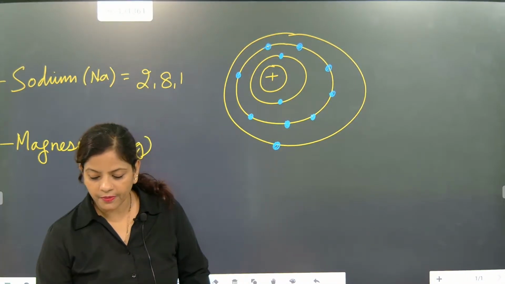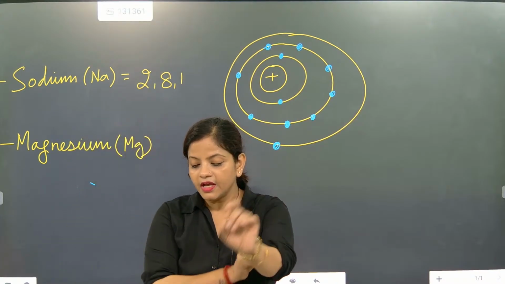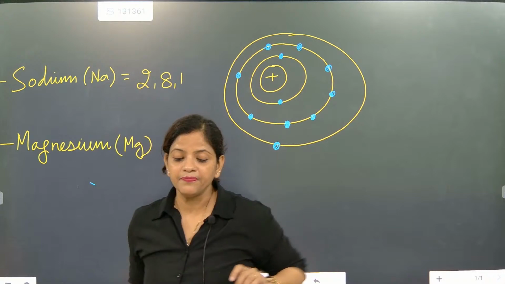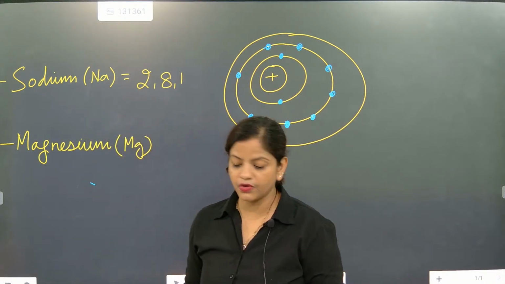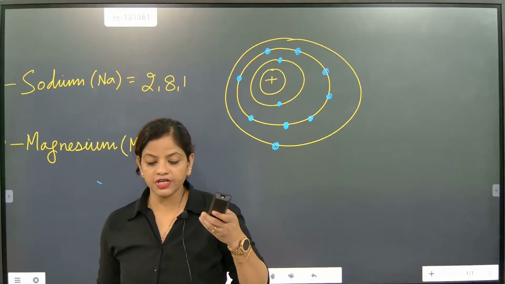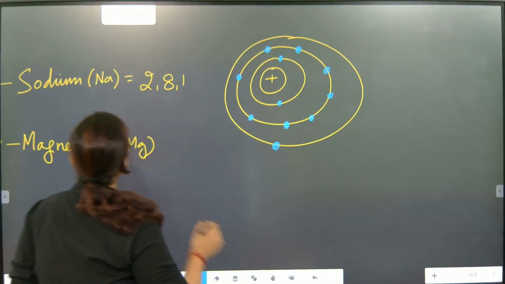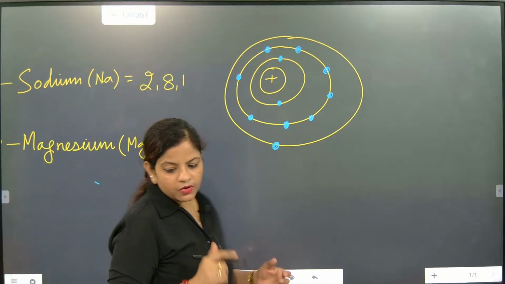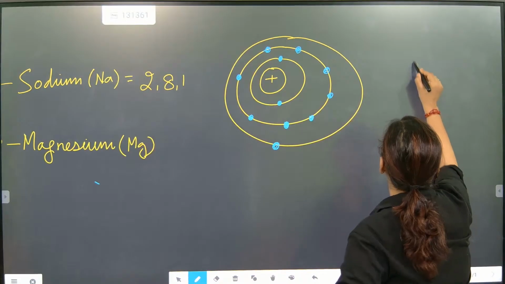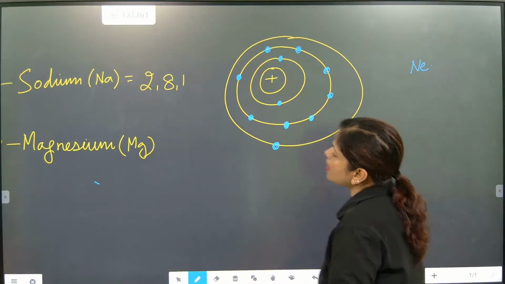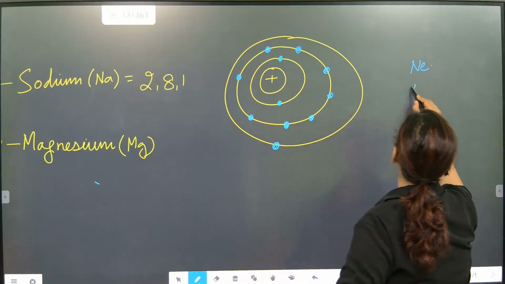Sodium wants to gain the nearest noble gas configuration. If you go through hydrogen, helium, lithium and so on, you land at neon. Neon will be like sodium, with configuration 2 and 8.